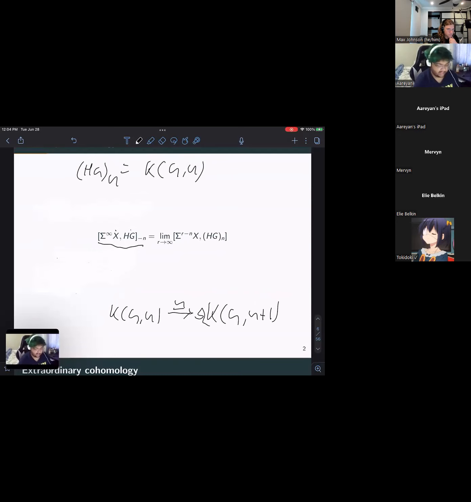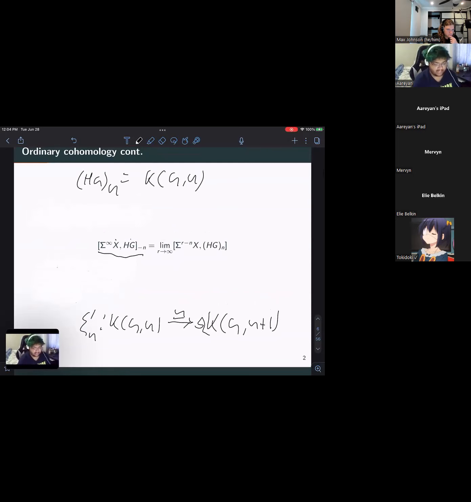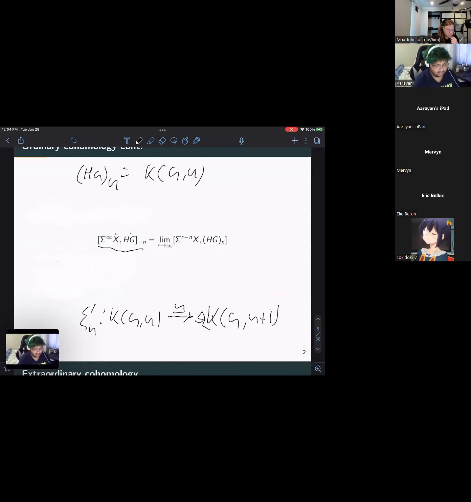So the structure maps are just going to be the identity. That's my HG spectrum. Now, if you remember from a previous talk, this is one way we can write the maps between a suspension spectrum and a spectrum. And now I want to compute this whole thing.